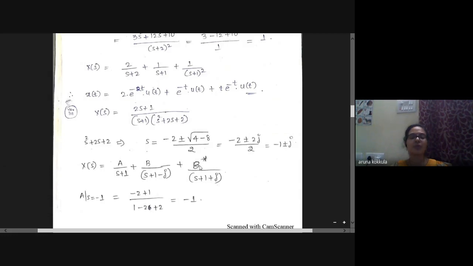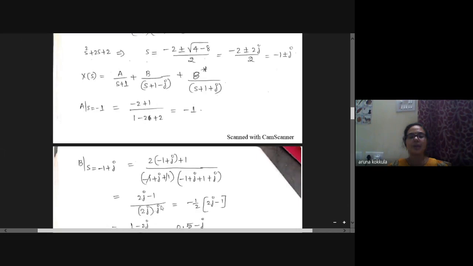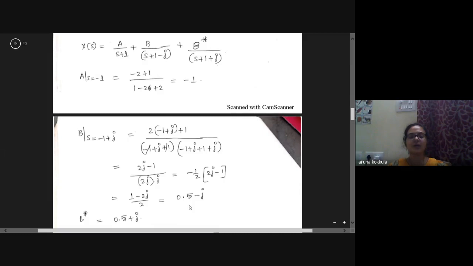So a at s is equal to minus 1, I got the coefficient as minus 1. B at s is equal to minus 1 plus j, I got it as 0.5 minus j. What is b star is 0.5 plus j.